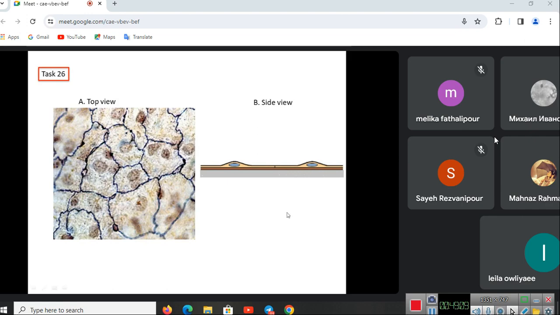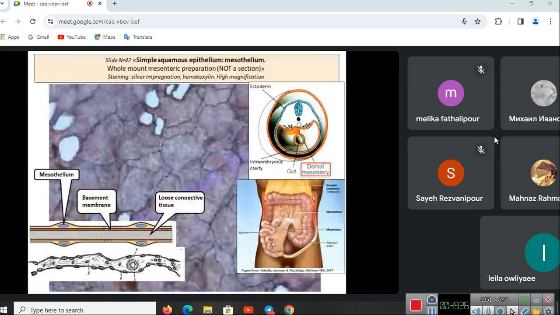Next, the embryonic source of development is the lateral plate mesoderm, the visceral layer of splanchnotome, and also the location in our body. So location in our body is the mesentery.